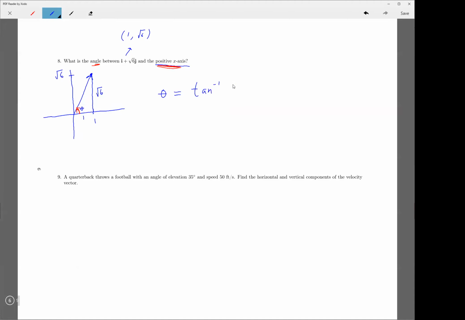Yeah, there's the inverse tangent of the square root of 6 over 1. Okay, because this angle, the tangent is square root of 6 over 1. So the angle is going to be the inverse tangent of that. Okay, 68 degrees. Yes, 68 degrees.